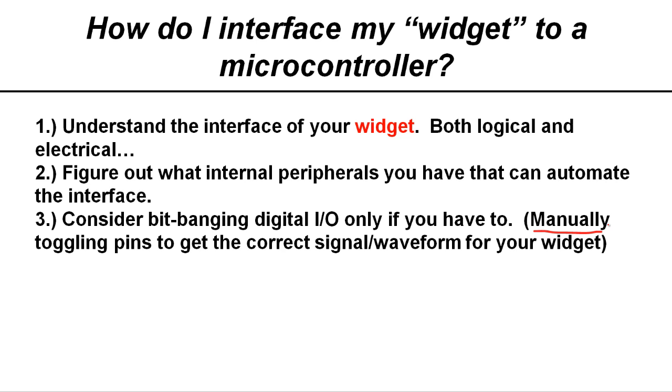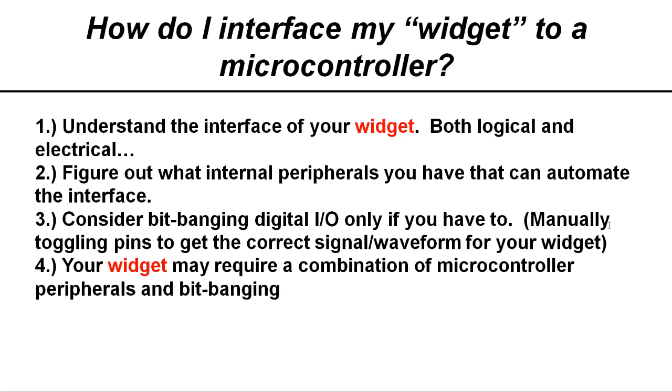You can certainly do that, and if your microcontroller is fast enough, you can do it. But you often only do that when you have to, because you want your microcontroller doing something else or going into a sleep mode. And so my rule is, first look at all the internal peripherals that you might have to automate the interface. And if you don't have that, then think about how to bit bang the interface.